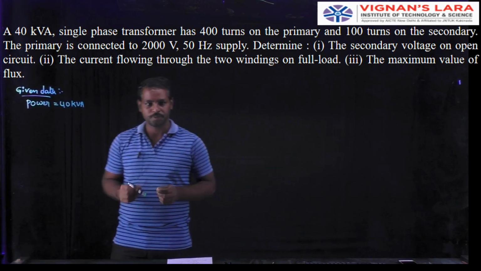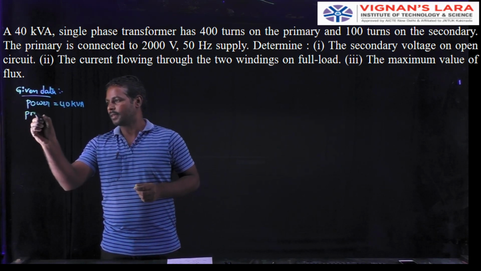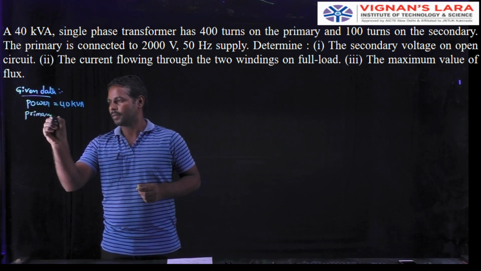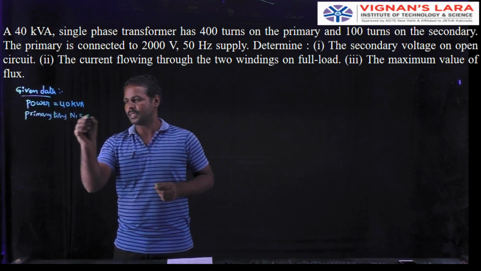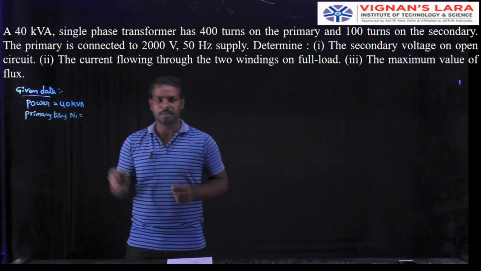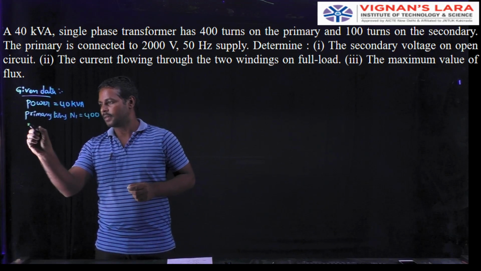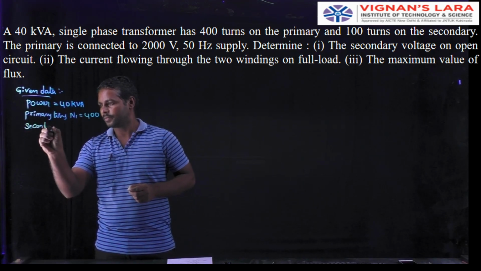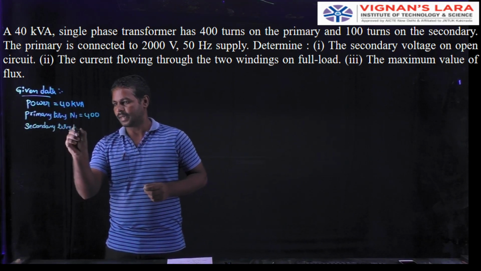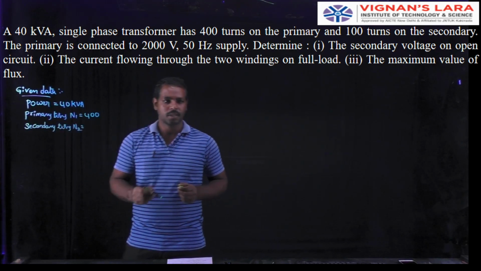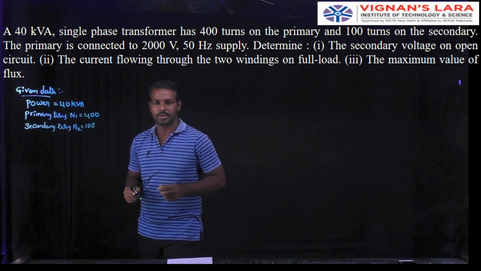The number of turns: primary turns N1 is equal to 400, secondary turns N2 is equal to 100.